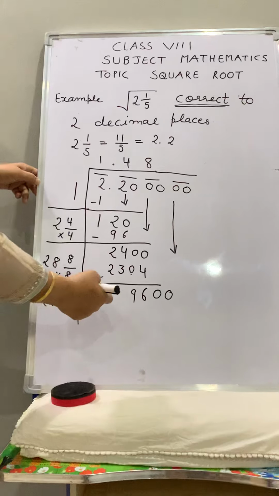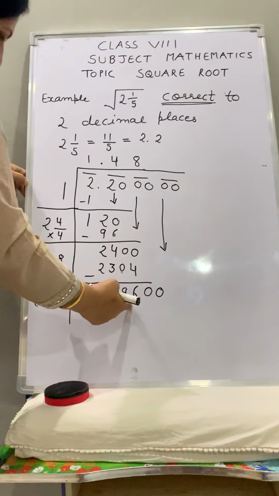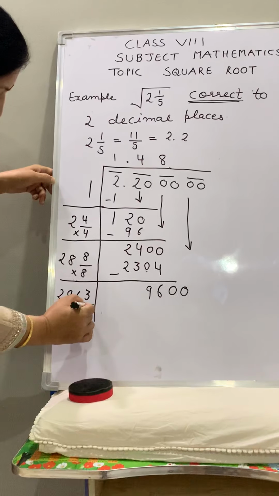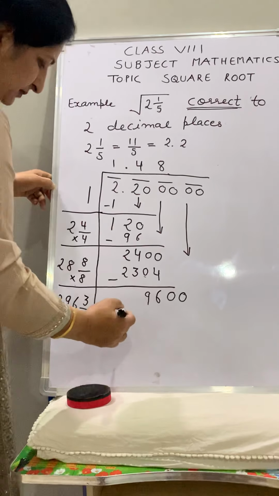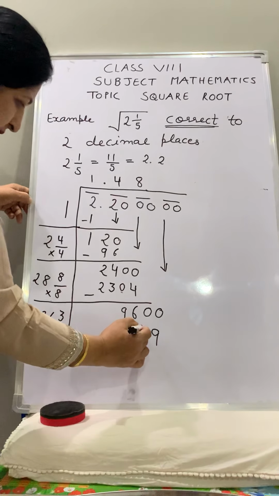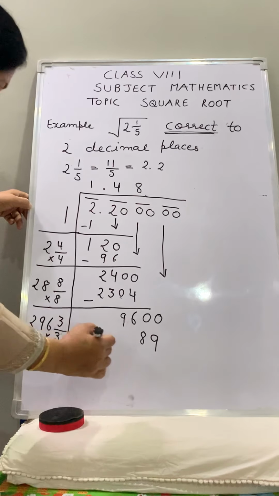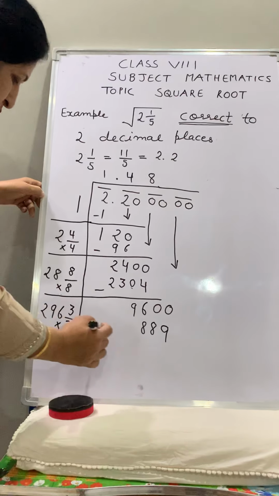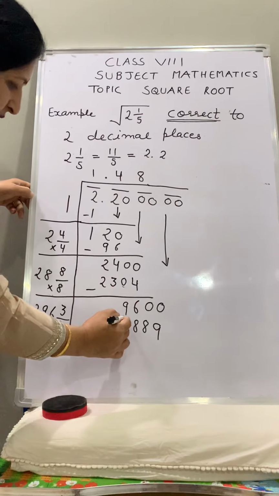No, it will be greater than, so we will write here 3. Multiply by 3 here. 3 3s are 9, 3 6s are 18, 1 3 9s are 27 and 1, 28, 3 2s are 6 and 2, 8.